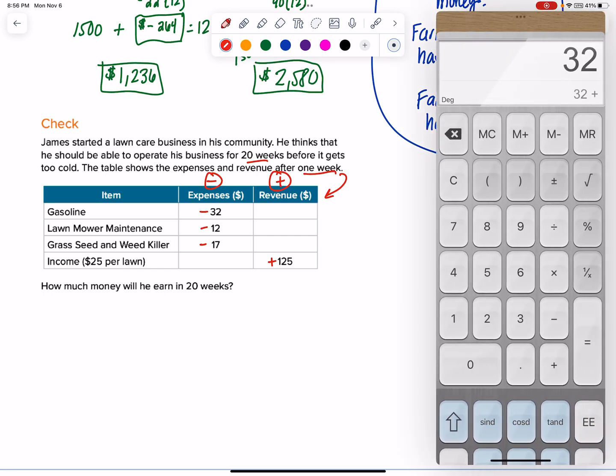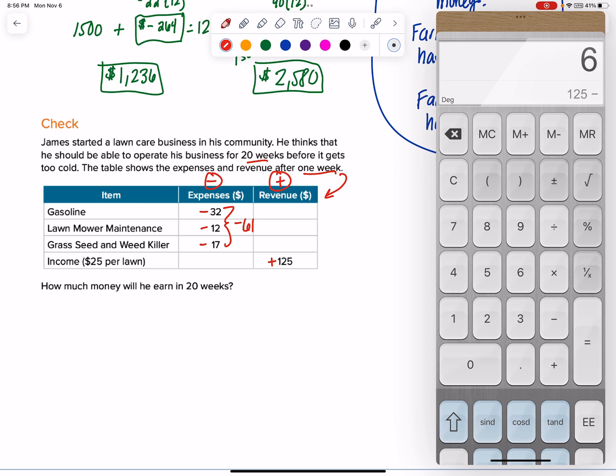So we have 32 plus 12 plus 17. Oops, 32 plus 12. Always good to look at your calculator and see what it actually says. There we go. So we have this section is negative $61 in expenses plus the revenue, 125. And then we're adding a negative. So different sign subtract.